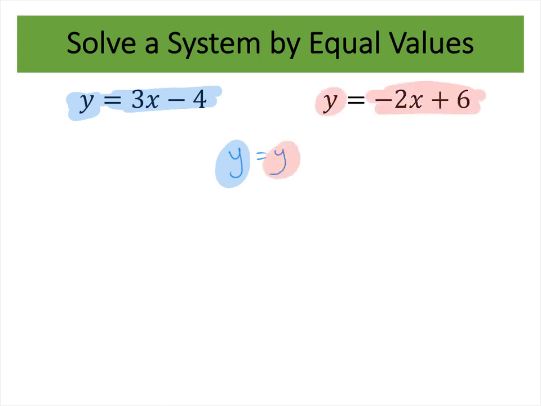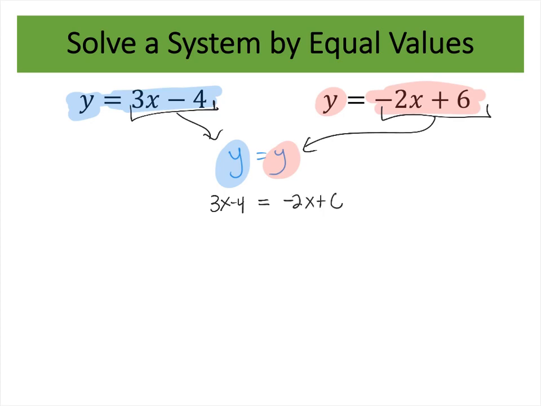So y equals that. Well, just like substitution, instead of the blue y, we're going to replace it with the blue y value, and instead of the red y, we're going to replace it with the red y value, because they're equal. So 3x minus 4 is equal to negative 2x plus 6.